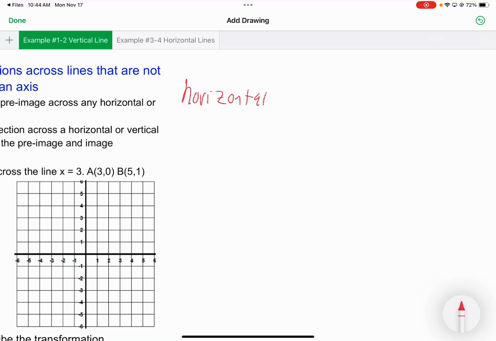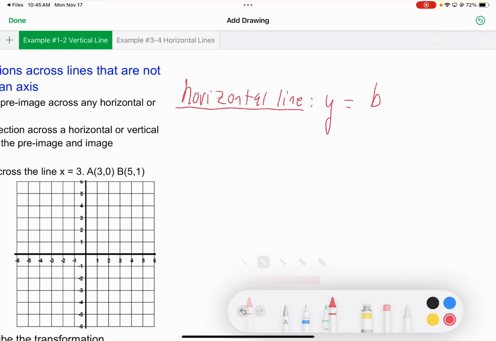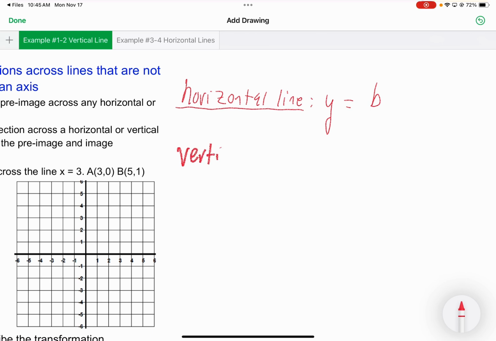This is important: a horizontal line is of the form y equals b, just y equals some number. It would give us a horizontal line. And my vertical line would be instead what? Good. x equals some value a. So horizontal line is y equals b, and vertical line is x equals a.